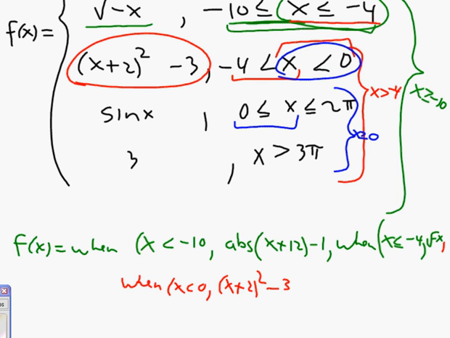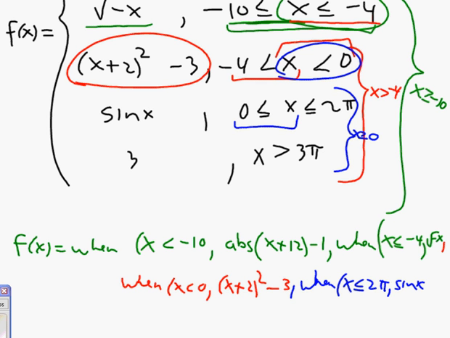Okay? So, here we go. This next when statement is going to be when x is less than or equal to 2 pi. We know we're already in this part. And when that's true, we're going to do the sine of x. And if we're careful, we can see we have 4 whens, so we don't need another one.